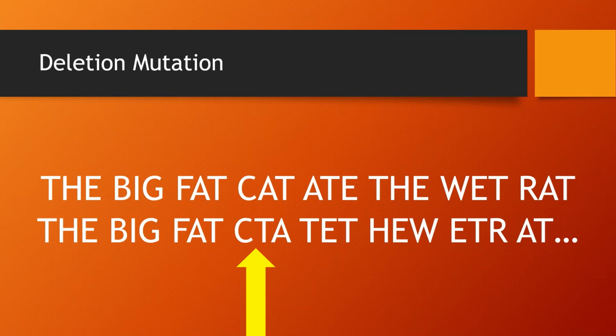It would just go on and on until a stop codon is read. Same principle as an insertion mutation. When that frame is messed up, every amino acid afterwards is going to be coded for something very, very different, and you end up getting a very different kind of protein.